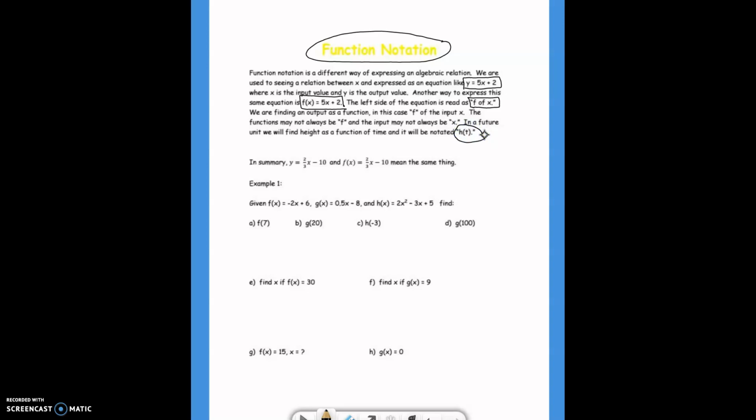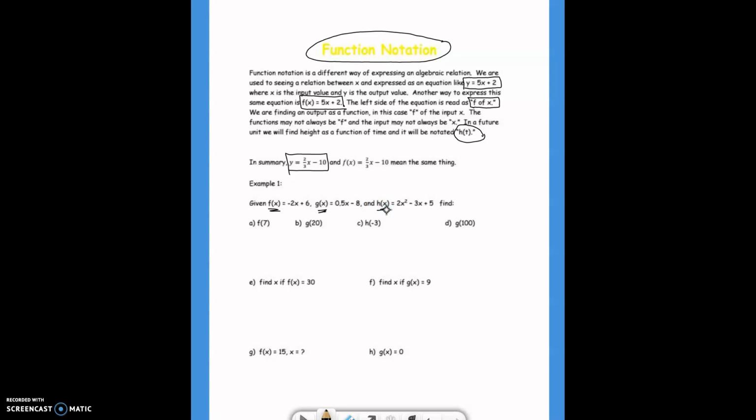And let me just show you how we're going to use function notation, okay? So again, let's look at what we call the old-fashioned way and the new way, okay? So we have a few different functions. We have f of x, g of x, and h of x, okay?